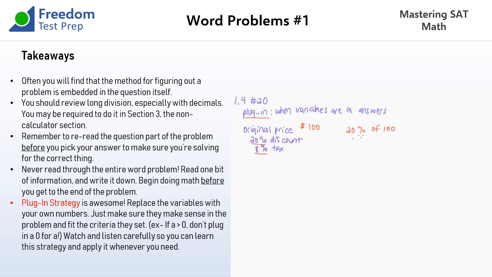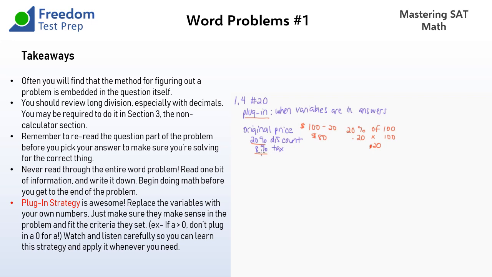You could probably do this in your head, but if you can't, it's just a reminder of how to do percent. 20% is 0.2, of is always multiplication, and 100 is 100. So 20% of 100 is 20. Okay, so we have $20 off. So minus $20 is going to be $80. So $80 is our discounted price.